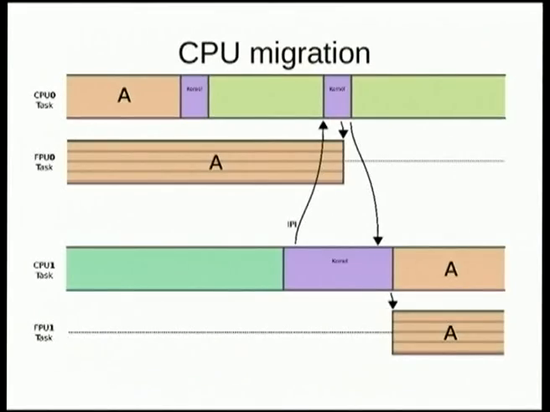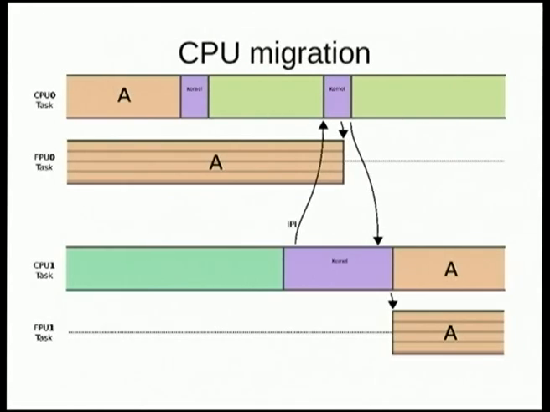So how do we do this CPU migration? So CPU 1 at the bottom decides it wants to run A. It IPIs over to CPU 0, or inter-processor interrupt, and says, please go and dump that state that you have. So whatever task is running on CPU 0 stops, gets preempted, and the kernel takes the state that it has in the floating point unit and dumps it out to memory.